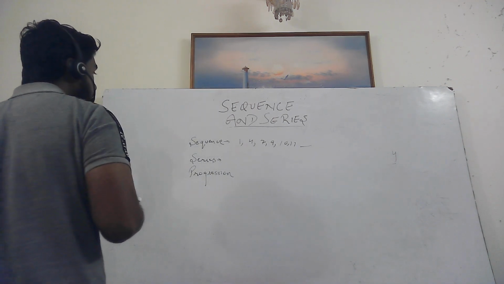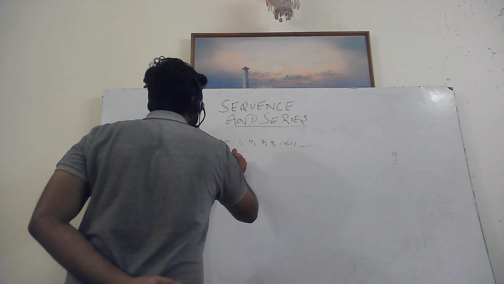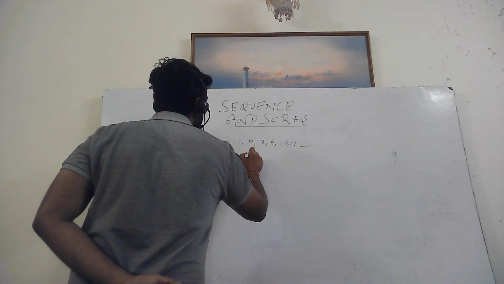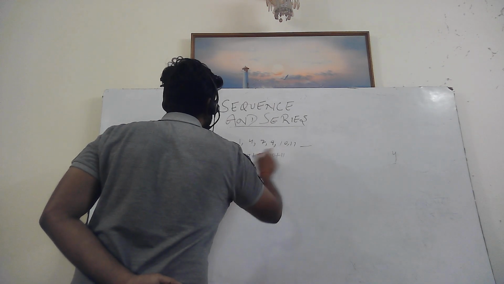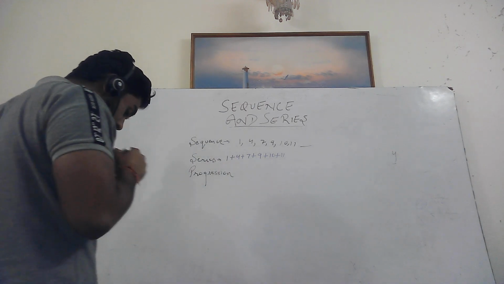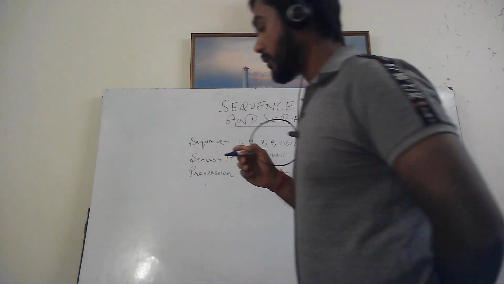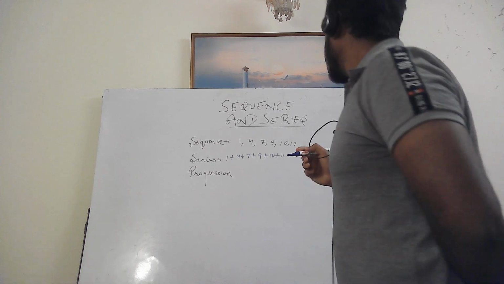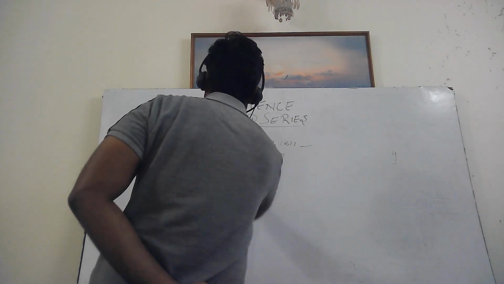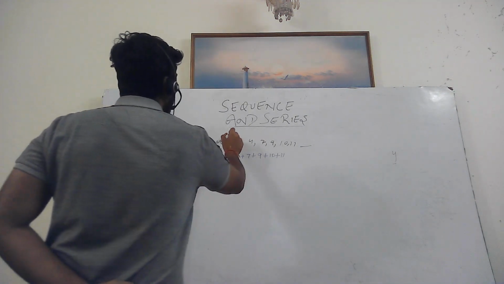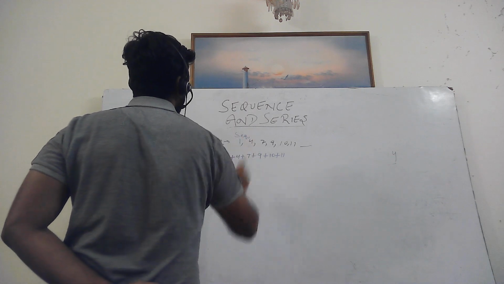Then what's a series? If you sum the terms 1 plus 4 plus 7 plus 9 plus 10 plus 11, that is called a series. अगर हम उस sequence को sum कर देते हैं, so that is called a series. Now there is a small difference you should know. Let's call this sequence 1.